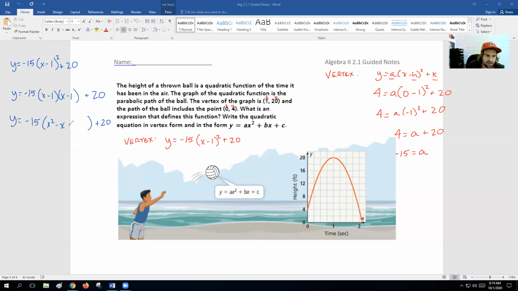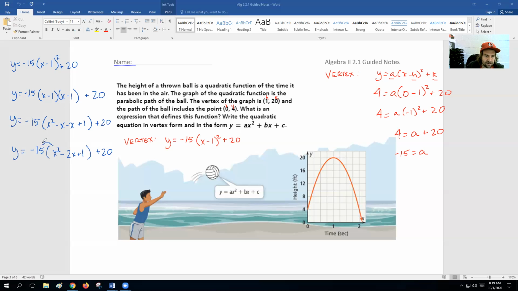Negative 1 times x is also a negative x. Negative 1 times negative 1 is a positive 1. So this ends up becoming negative 16 times (x squared minus 2x plus 1) plus 20. So now we squared it. It took a couple steps.